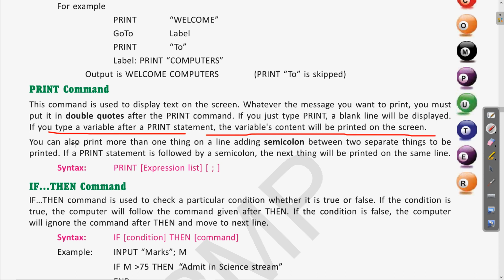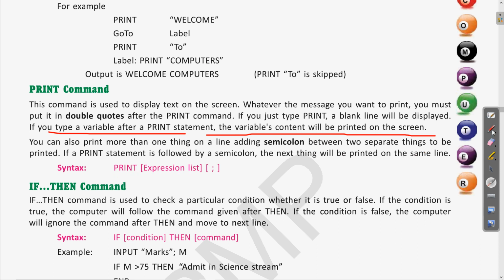on the screen. Next, you can also print more than one thing on a line, adding a semicolon between two separate things to be printed. Clear? So if you want to print two or more things in a line, for separating them we will have to add a semicolon in between. For example, here is the syntax.